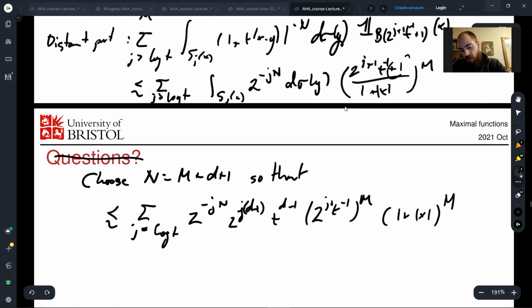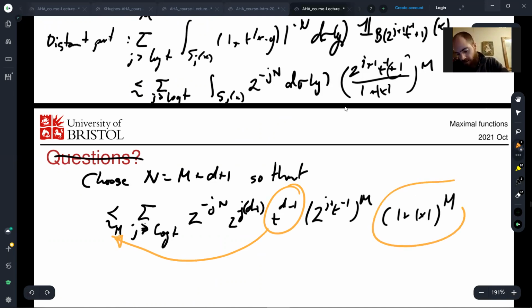This 1 is going to be swallowed up because the j's are sufficiently large. And this factor of 2 to the m, I'm just absorbing in some implicit constant. So if I choose n large enough, I'll get a factor of t to the d minus 1 coming out, as well as this factor.